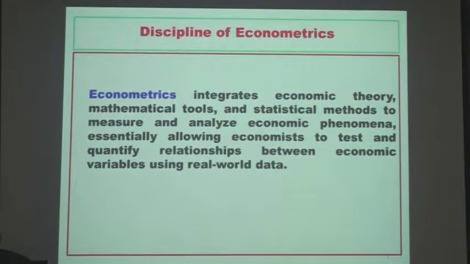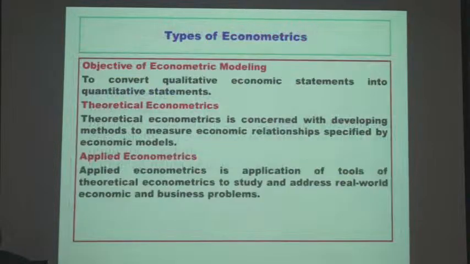Econometrics integrates economic theory, mathematical tools, and statistical methods to measure and analyze economic phenomena, essentially allowing economists to test and quantify relationships between economic variables using real world data. So this is our discipline of econometrics.